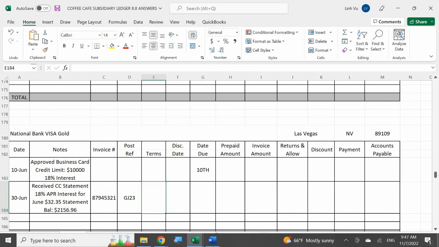Terms. Now, in this case, this is a date-driven term. It is due on the 10th of every single month.